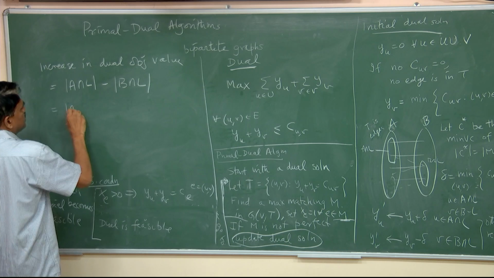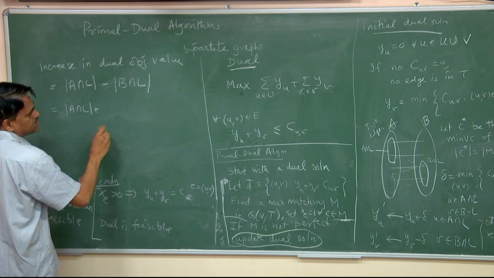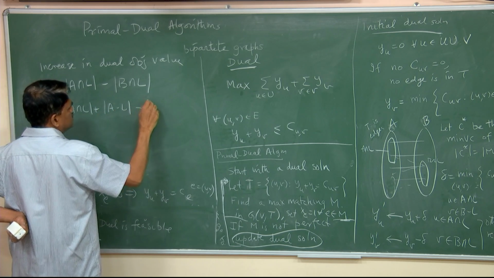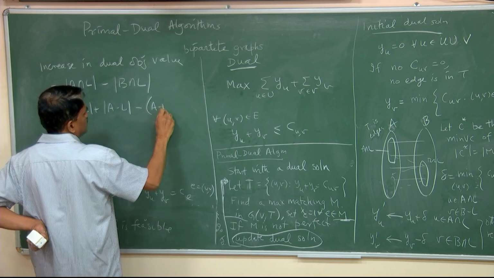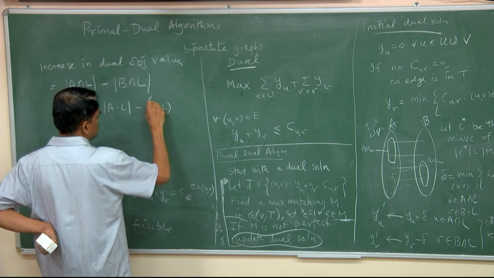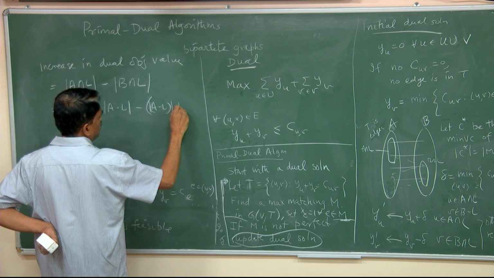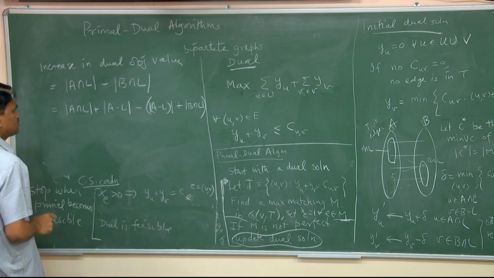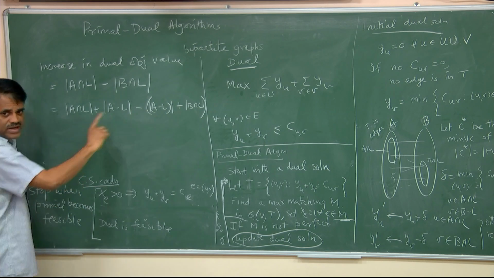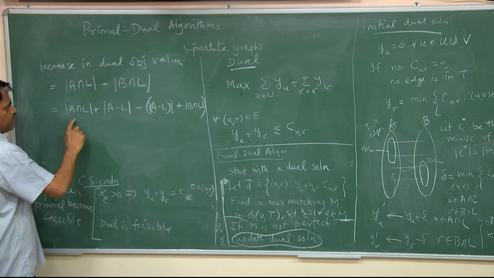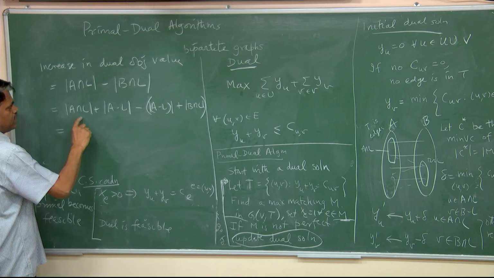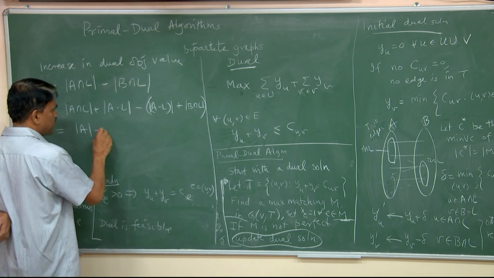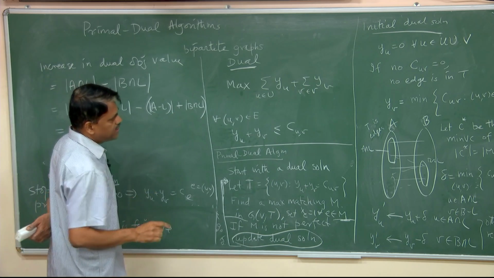So this is the size of A intersection L plus A minus L, minus the size of A minus L plus B intersection L. I just added A minus L and subtracted A minus L. Okay, but A intersection L plus A minus L is precisely A. And what is A minus L plus B intersection L?